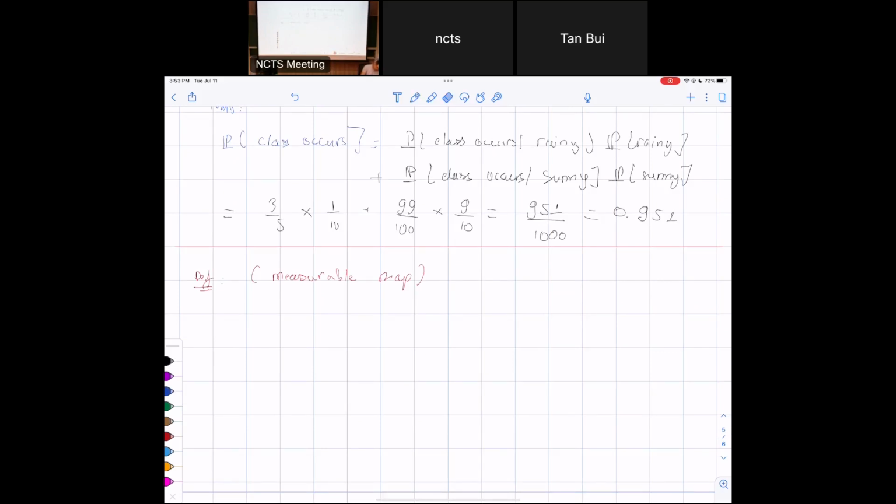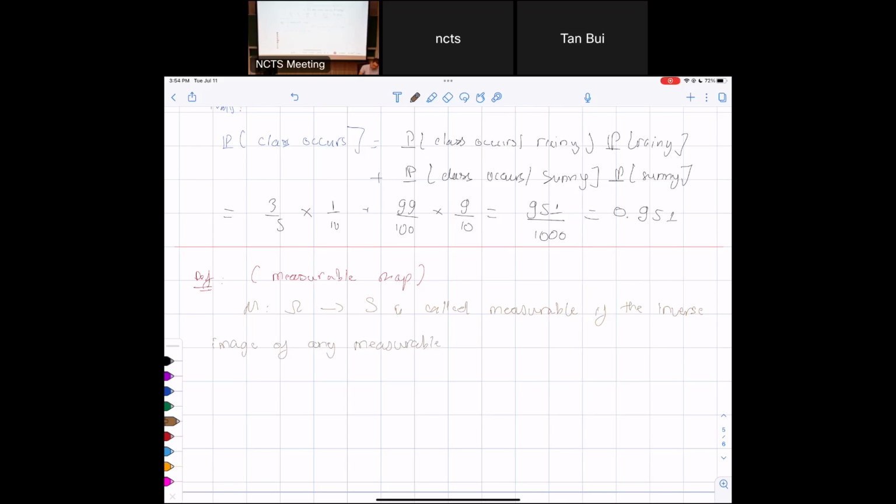M from omega to S is called measurable. A map, a function is called measurable, right? If the inverse image of any measurable set, remember that a measurable set is a set on which we can assign a probability, okay?